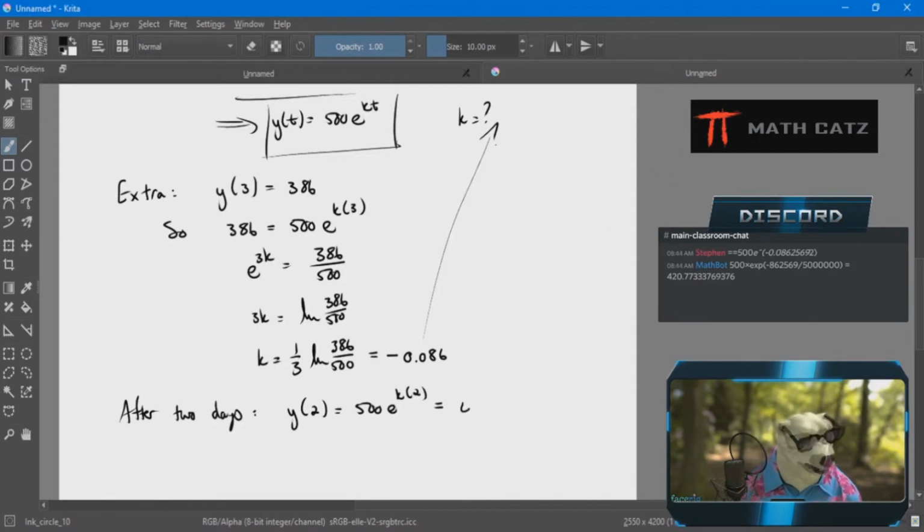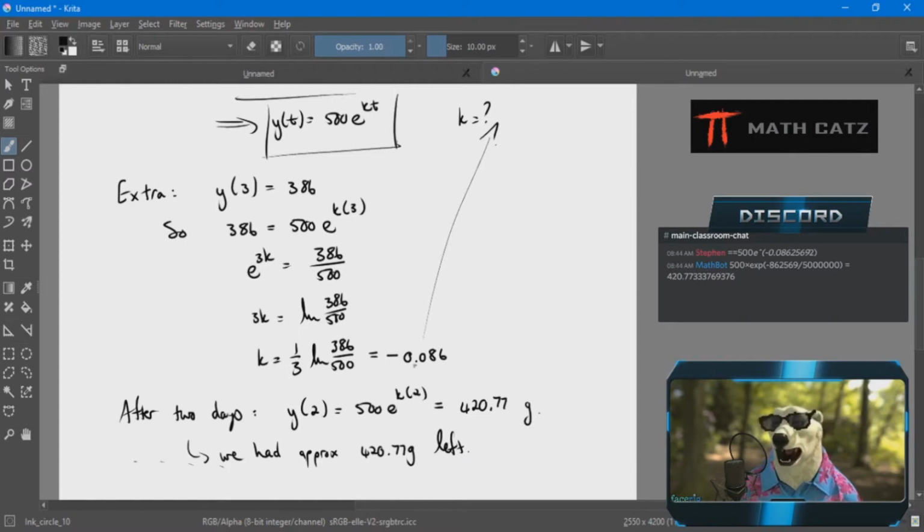And we get that 420.77 grams were left. You can write your concluding sentence here. We had approximately 420.77 grams left. So everything is very similar. We just now have a decay scenario, and the decay constant instead of the growth constant is the only real adjustment.